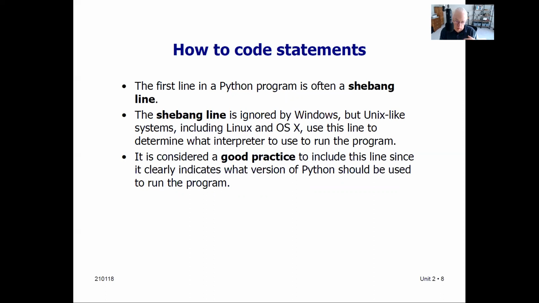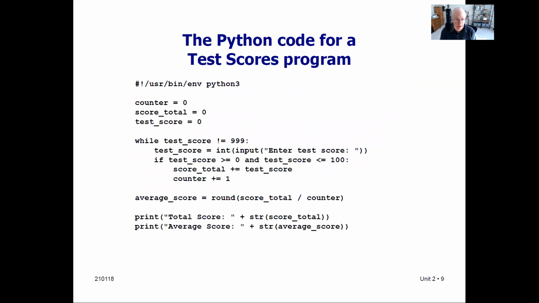Now, Windows ignores that. Shock of shocks. Windows does something different than everybody else. But, and big but here, it is the best practice. It's what we need to do in this class. We will even put a shebang in our Windows coding, and that will help us understand how the writer of the code intended the code to be run. And so we can see that.